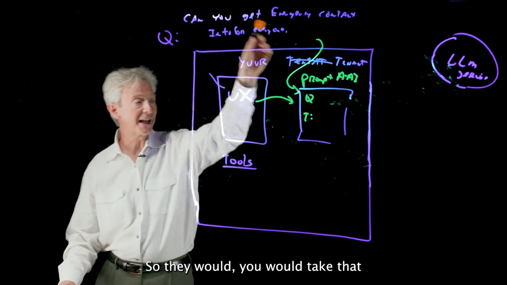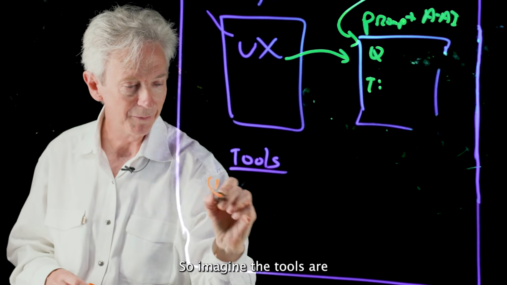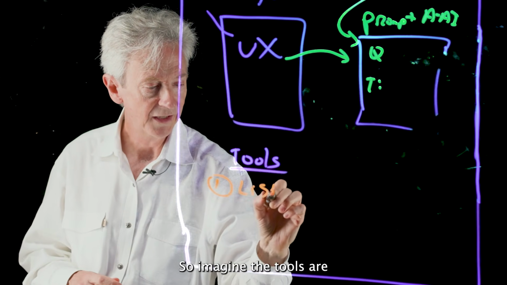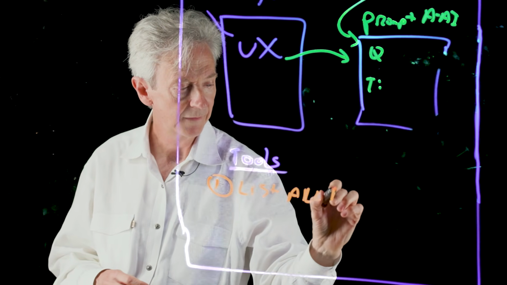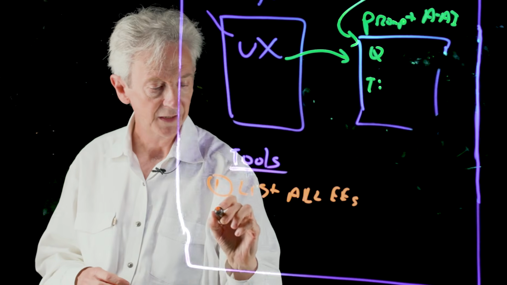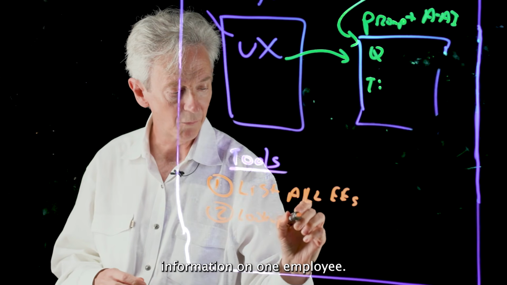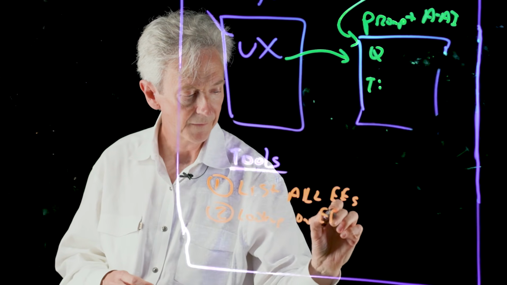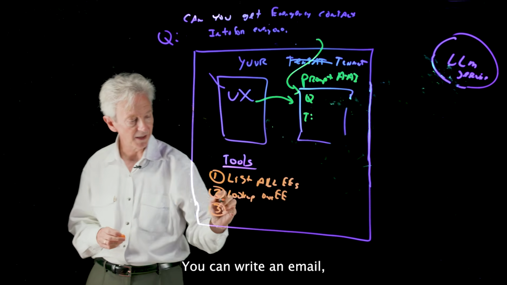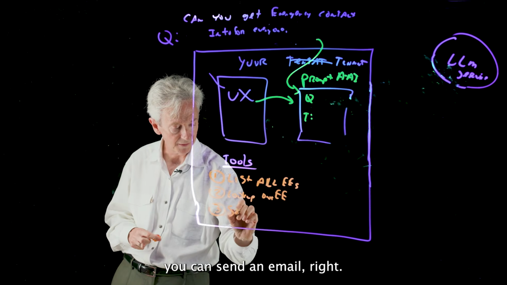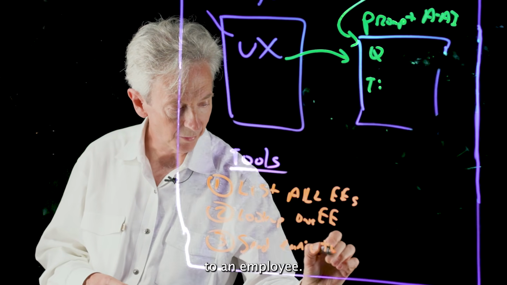So you would put that in the prompt, and then you would supply a list of tools. Imagine the tools are: you can call an API to list all employees. You can call a tool to look up information on one employee. You can write and send an email to an employee.